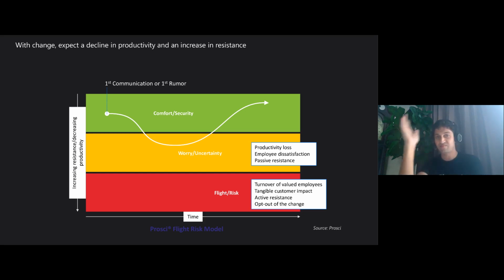I've heard there's this newfangled technology coming in. Is my role at risk? That can lead to dissatisfaction and a loss in your productivity. And this is sort of normal. You do expect some of that anytime you roll out a change.